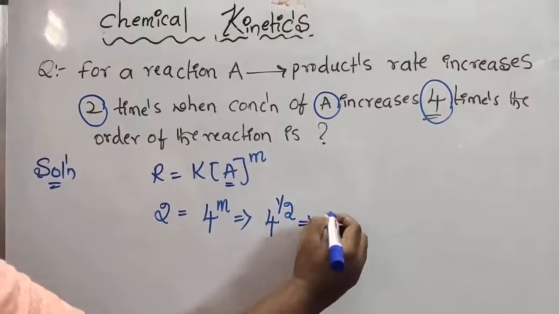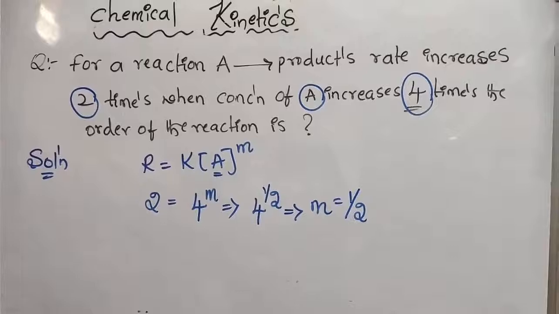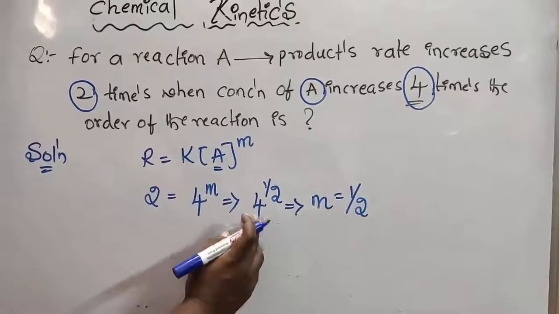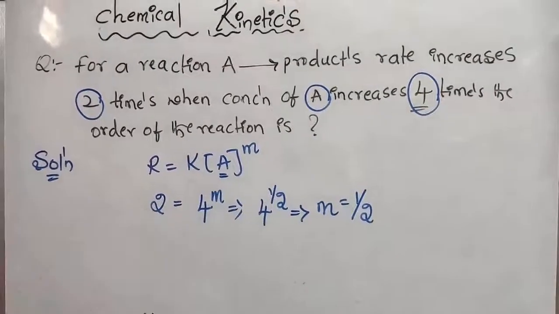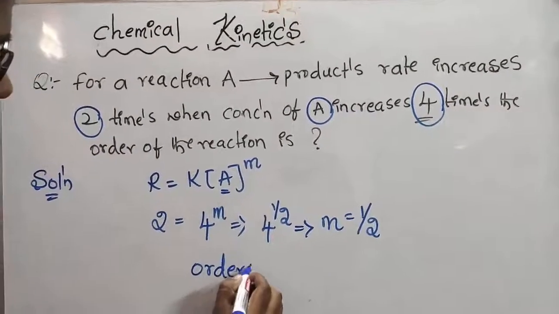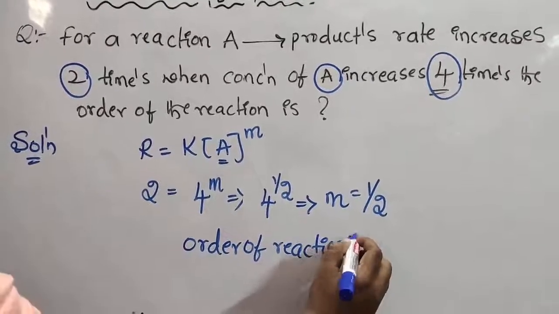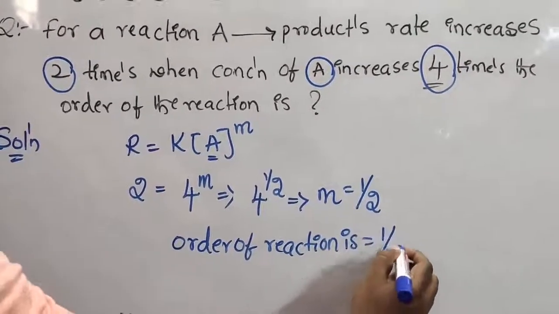That means here m equal to 1 by 2. m equal to 1 by 2 means root 4, which becomes 2. So here order of reaction is 1 by 2. Very easy.